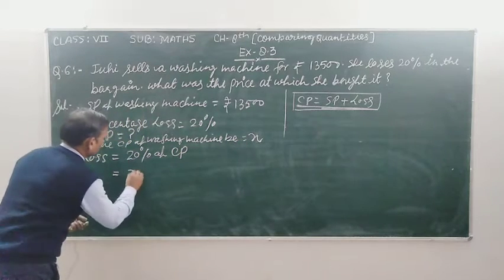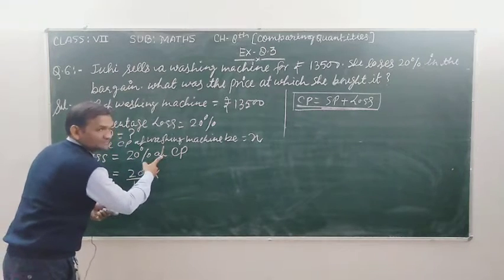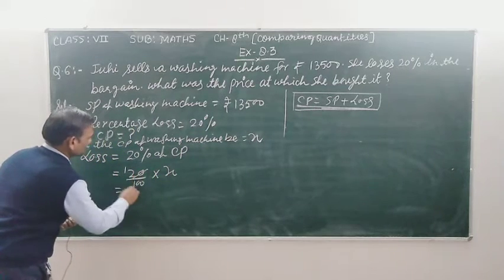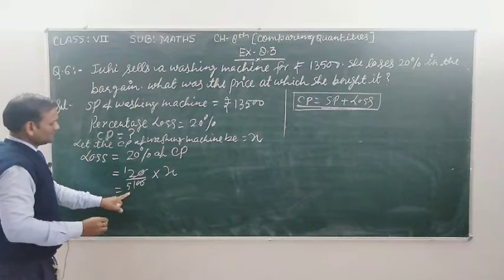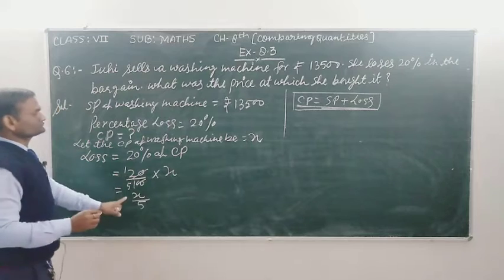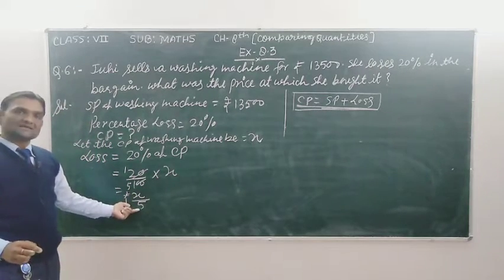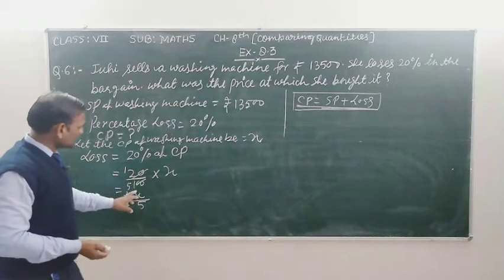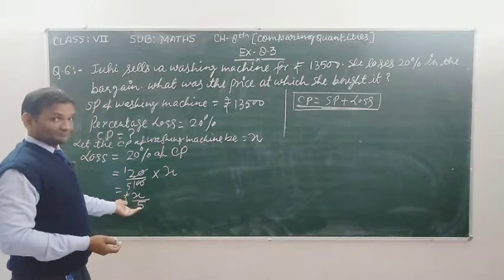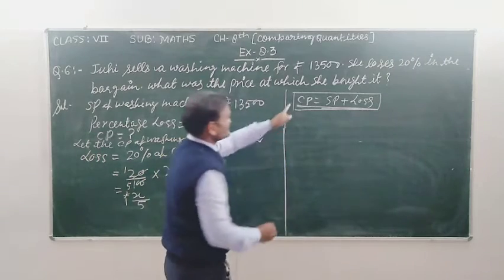So 20% means 20 upon 100, of means multiply, CP is X. So 20 by 100 is 1 upon 5, X into 1, that is X upon 5 rupees. This is the loss. Loss you have found out, आप निकाल चुके हैं loss.